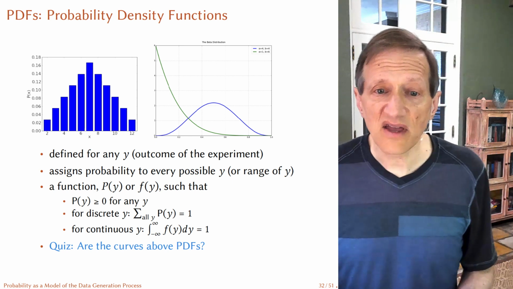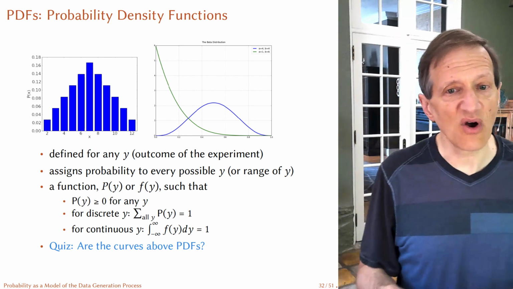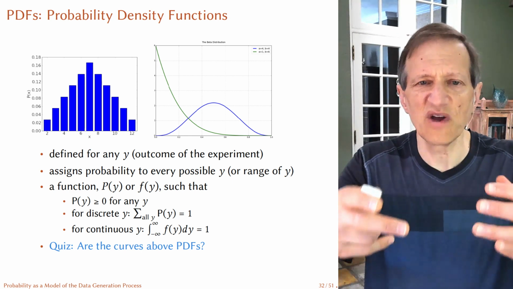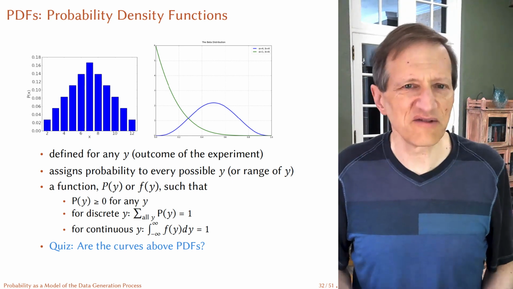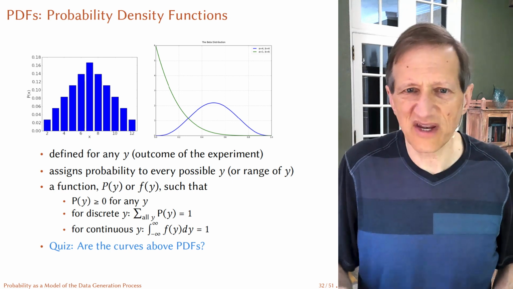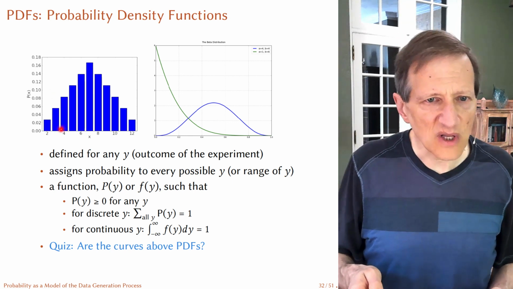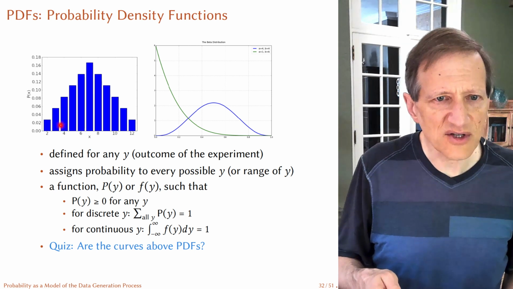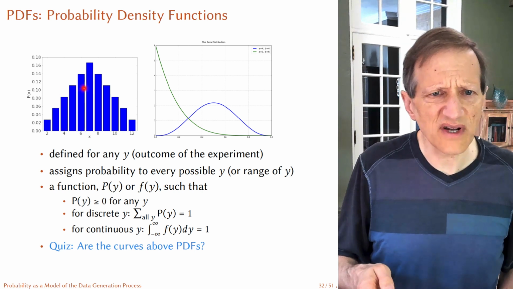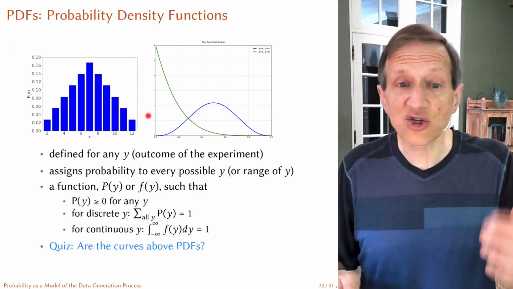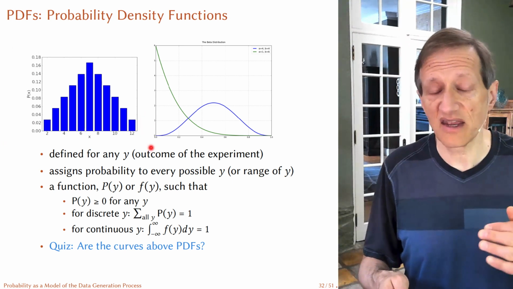Okay. And so if we ask ourselves, are these curves PDFs? That's the way to understand whether you understand probability density functions. You just look at these two and ask whether they're PDFs. So for the discrete one, it's relatively easy, right? You can literally add these numbers, right? This is 0.02, this is 0.04, right? You add them all up. And you just see, do you get 1? And you make sure that each one of them can't be negative, right?